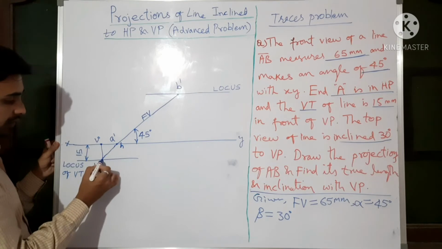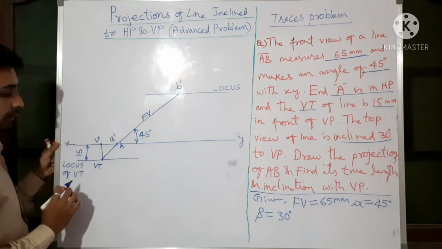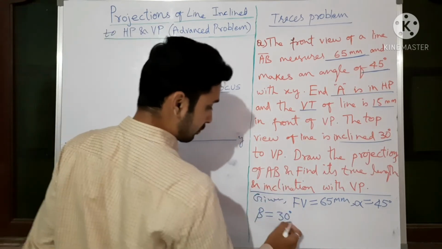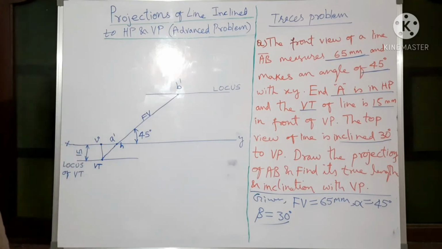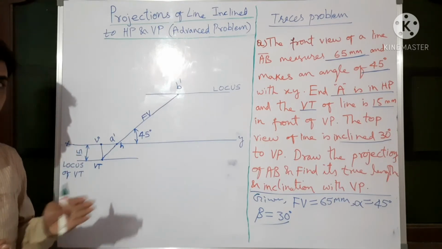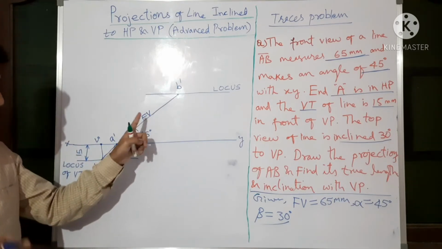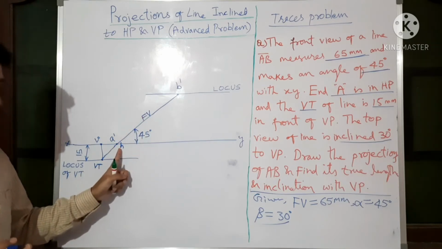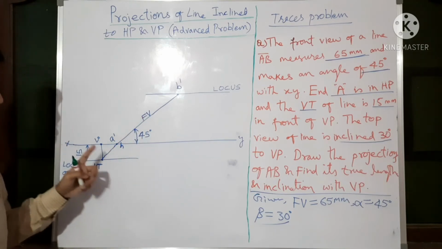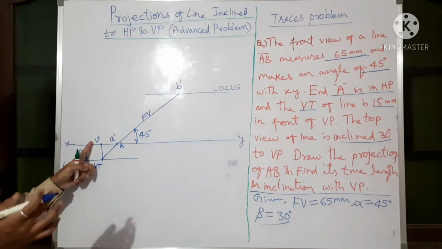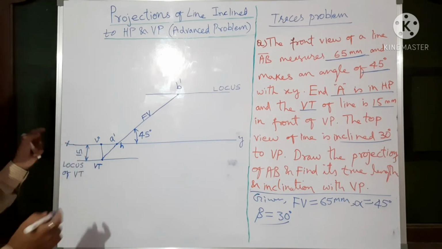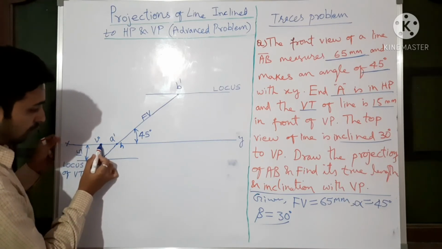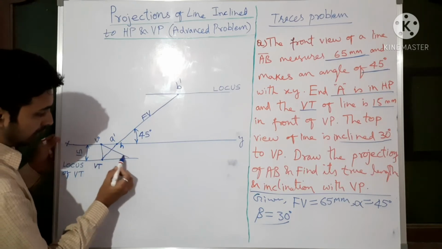This time we have gone from v. Now they have given the top view at 30 degree. Like the extension of the front view gives H, the extension of the top view gives V. So the line going from v will also be at 30 degree.